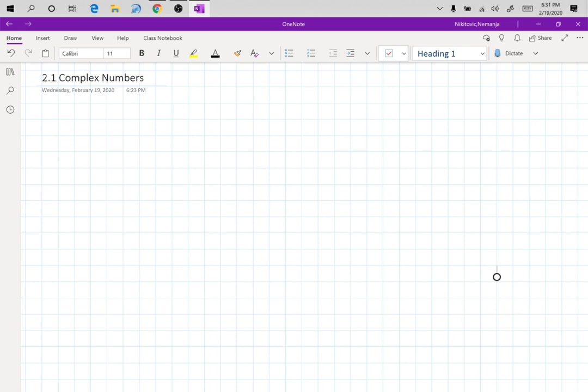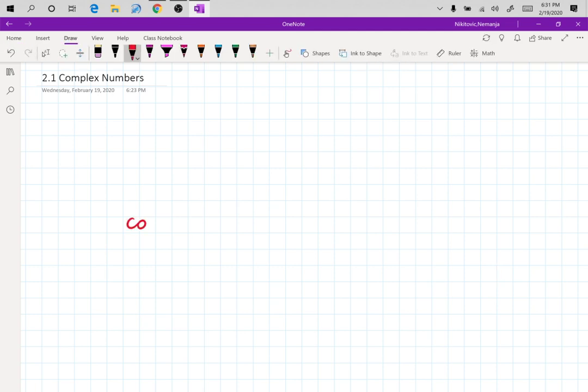We note that with a capital R, and you would also use negative infinity to positive infinity in the notation, right?